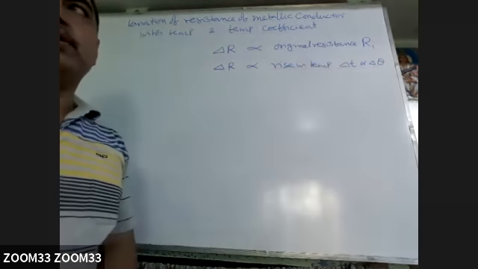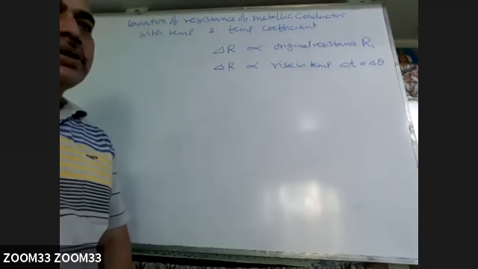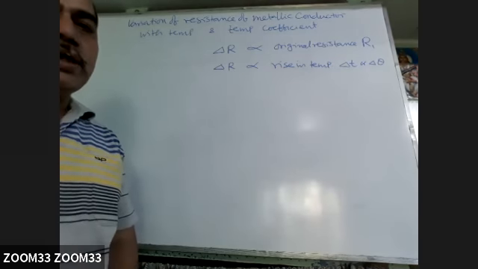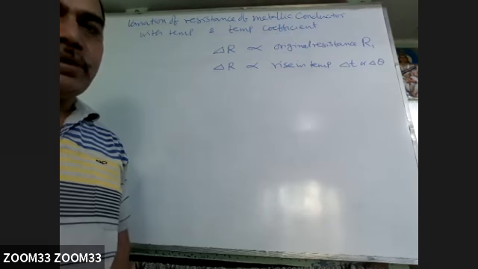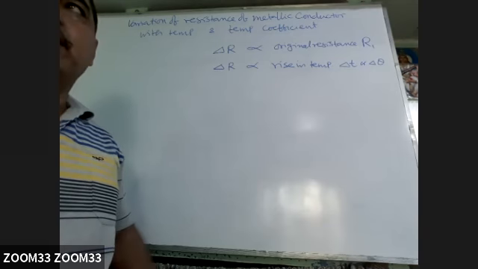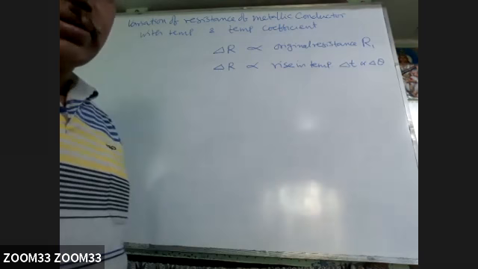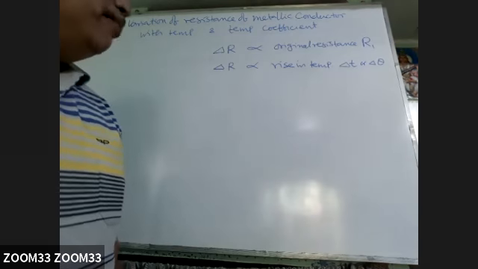If the temperature is given in Kelvin or in Celsius, the rise in temperature will be the same. The difference of temperature, that is rise or fall in temperature, is the same.